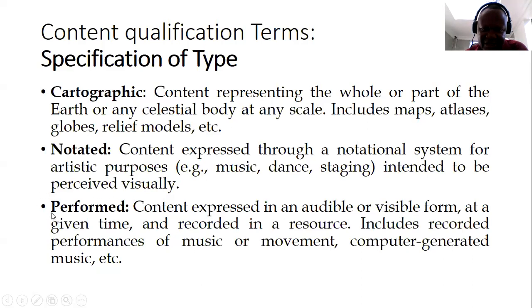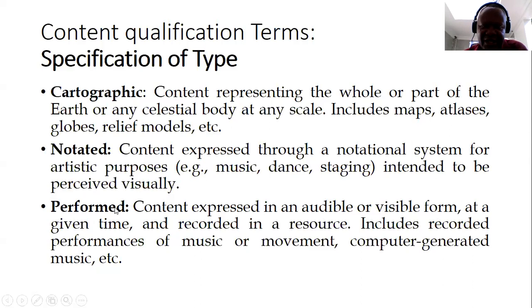So for such materials, in case you have music, which is giving you sound, and you can also see the images, then that music is performed, and this is the content qualification term we shall use.